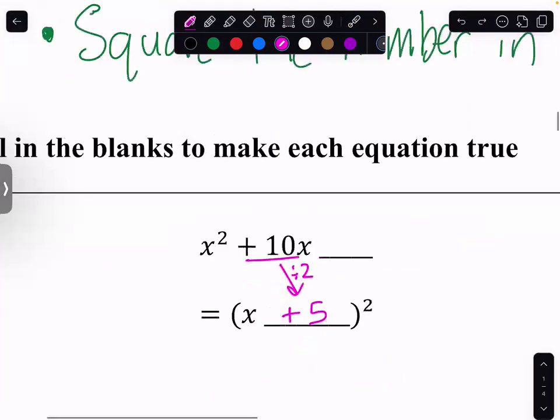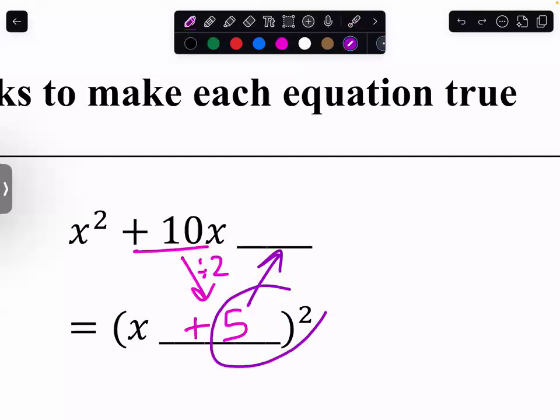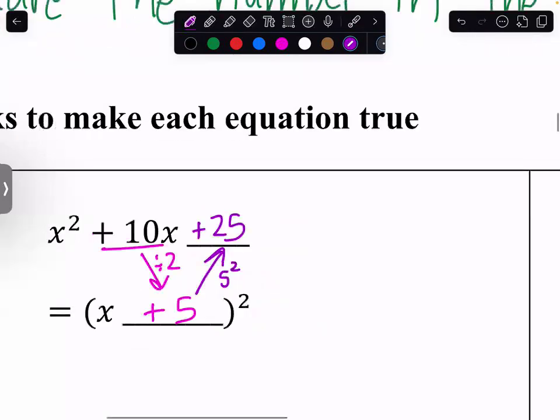Now using the other pattern that Rubaiyat noticed, that you always have a squared, to fill in this blank, which is the c value, you take that parentheses number and you square it. So we do 5 squared. 5 times 5 would be positive 25. So that's the pattern.